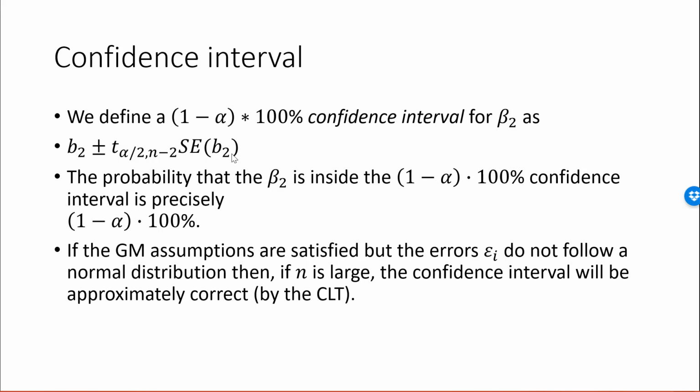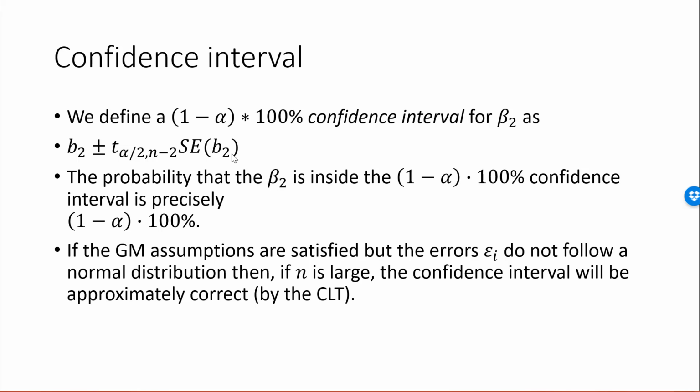If you think about that, that makes sense. The standard error is a measure of how well we are able to estimate beta 2. If the standard error is large, we do a pretty poor job in estimation, and we should correspondingly have a pretty wide confidence interval to reflect our uncertainty.